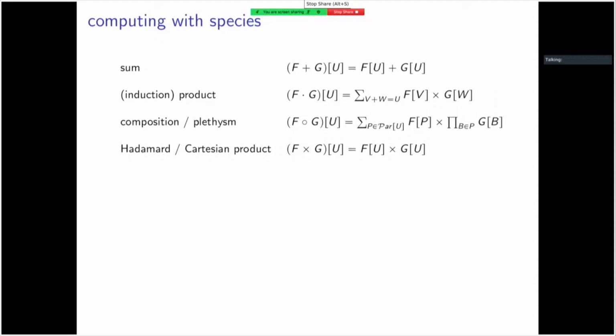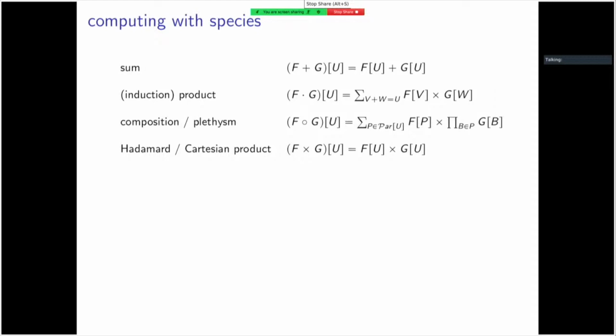The addition of two functors from the category of finite sets with bijections to finite sets with bijections, or maps, that's the same thing, is if we apply it to some set of labels, we compute the F structures on this set of labels, and we compute the G structures on this set of labels, and then we take the disjoint union, which for tradition's sake is here denoted with plus.